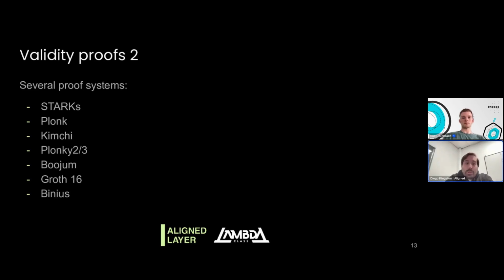So here I am going to give you some of the names. Perhaps you've heard them. So you have Starks. This is used, for example, in Starknet, but is also the base for many of the proof systems used by many L2s. Then you have Plonk. Of course, Plonk has then been modified, and you have very many different variants of Plonk.